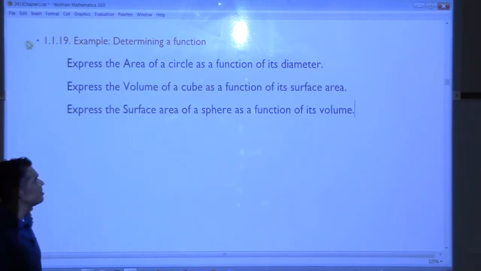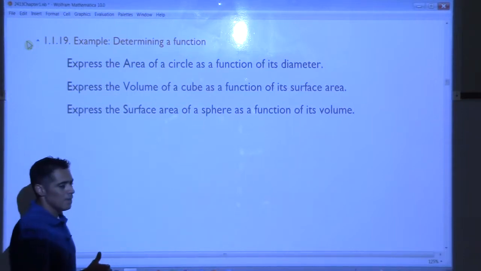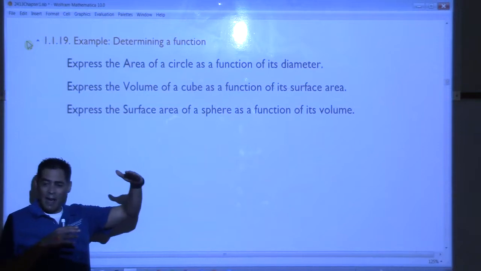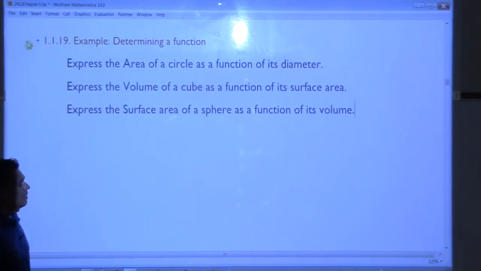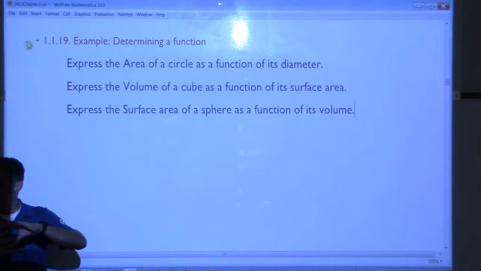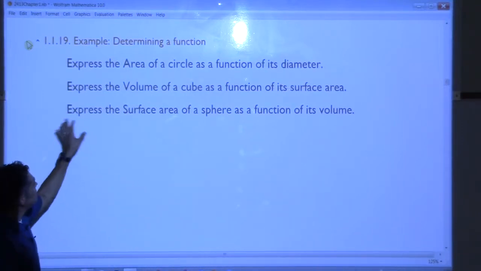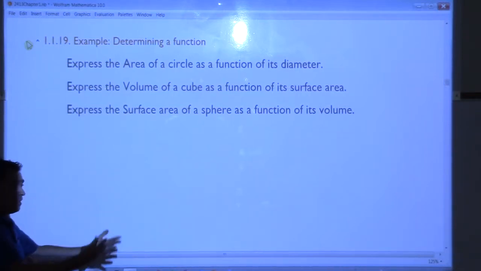What we want to be able to do later in this class, remember I talked about, is to find the highest points and lowest points on a graph. A lot of the times when we do that, we have to take some physical problem and turn it into some mathematical statement or equation. These problems give us practice doing this.